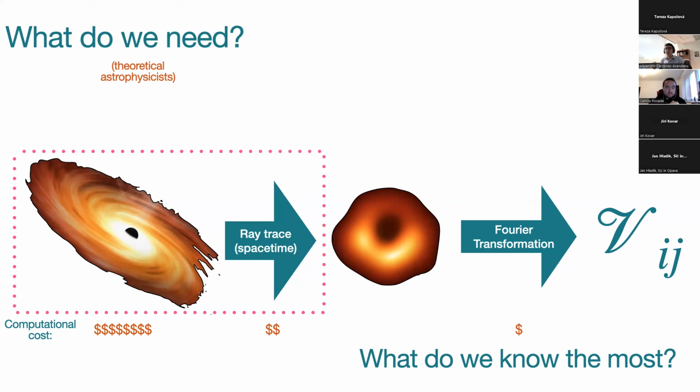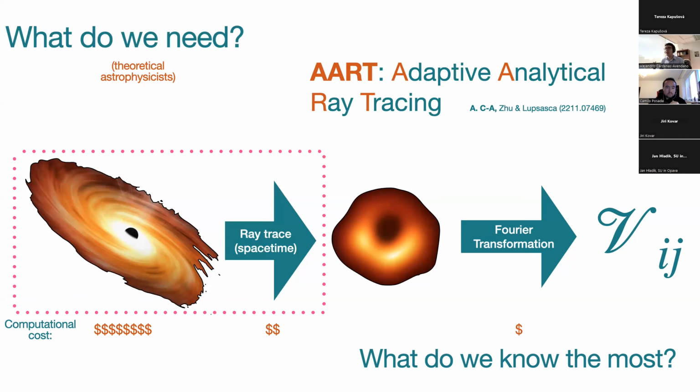So what we have developed, and actually the paper came out last week, is a framework that we call AART, Adaptive Analytical Ray Tracing, which is taking part of this, and it's able to reproduce, as I'll show in the next slides, this type of observables to study photon rings and the variability of those photon rings to, as I mentioned a few slides ago, see if we can disentangle the astrophysics from the theory of gravity.